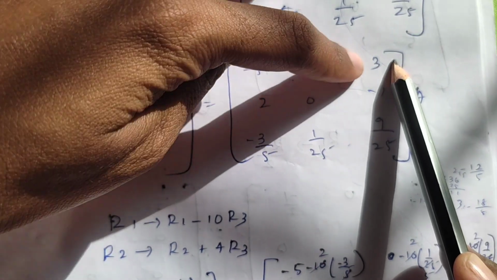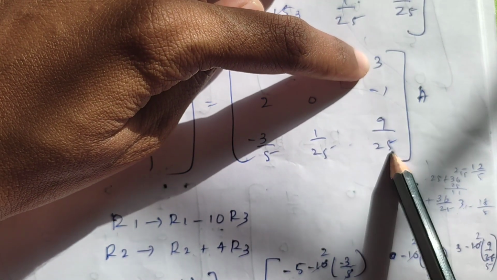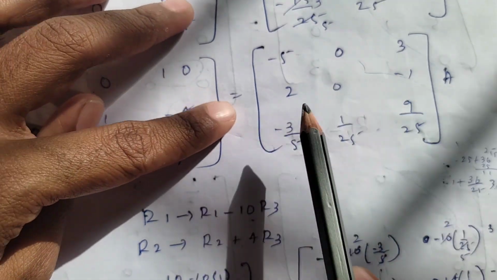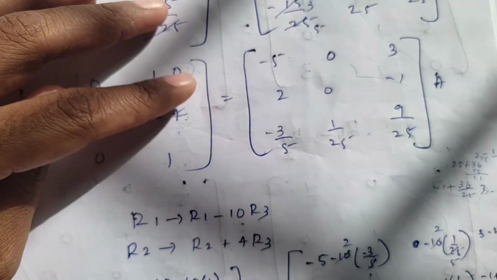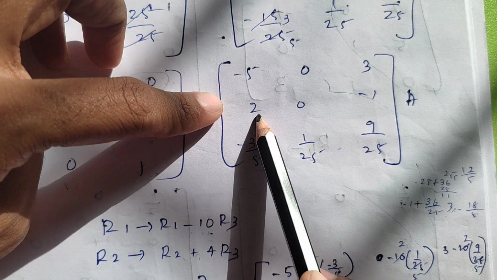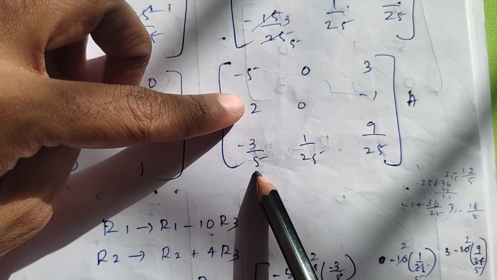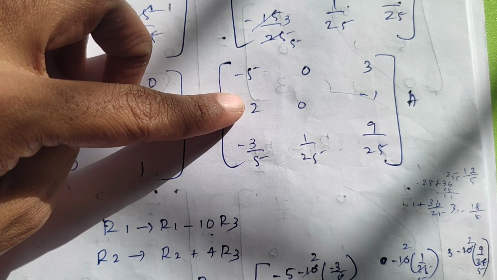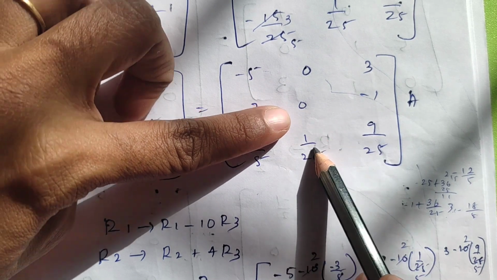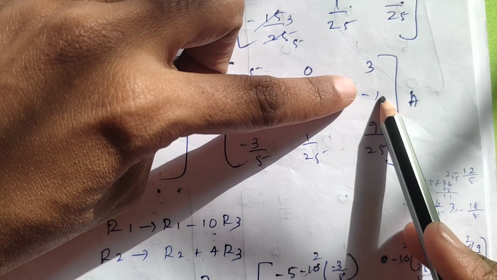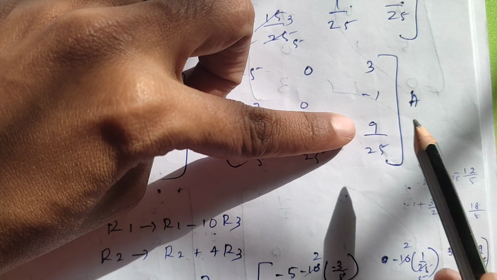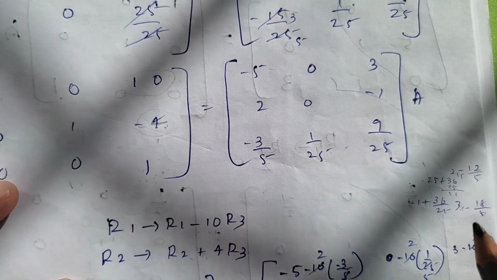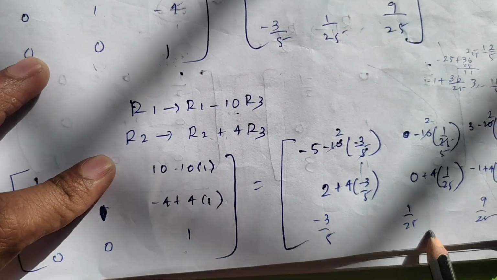Next, 3 minus 10 into 9 by 25. Now R2, what happens to our R2? 2 plus 4 into minus 3 by 5, 0 plus 4 into 1 by 25, minus 1 plus 4 into 9 by 25. R3 will be kept as it is.